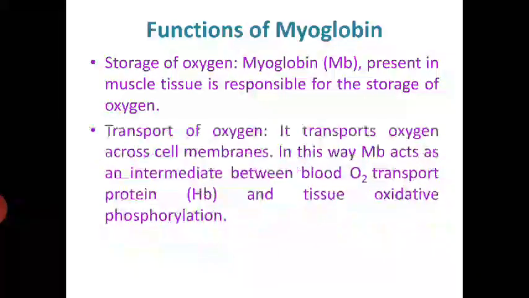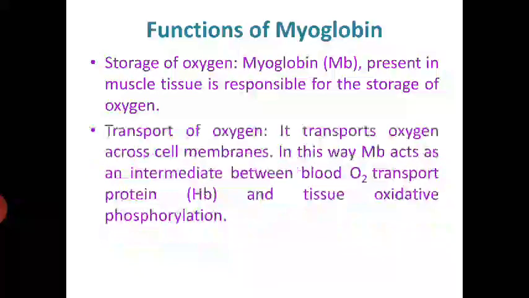Then the second and foremost function is transport of oxygen. It transports oxygen across the cell membranes. That means myoglobin acts as an intermediate with the blood oxygen transport protein, hemoglobin.